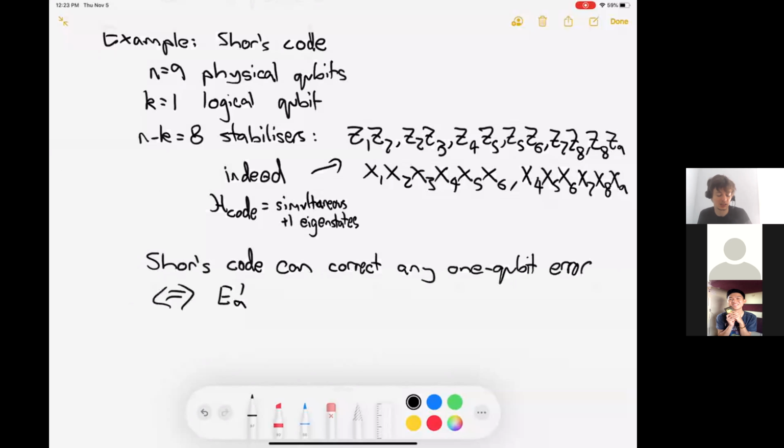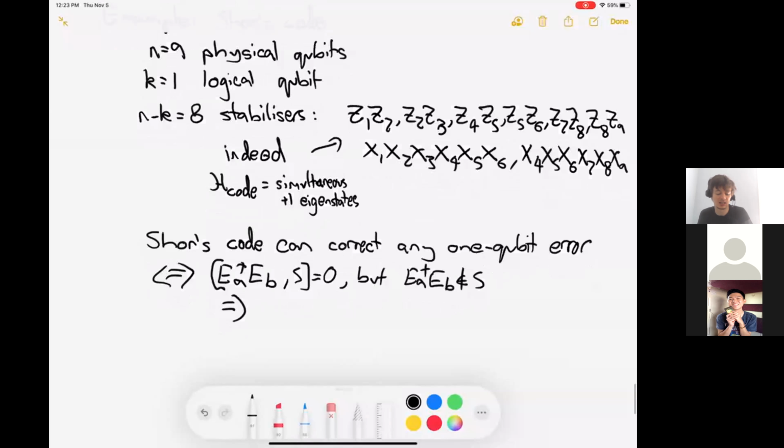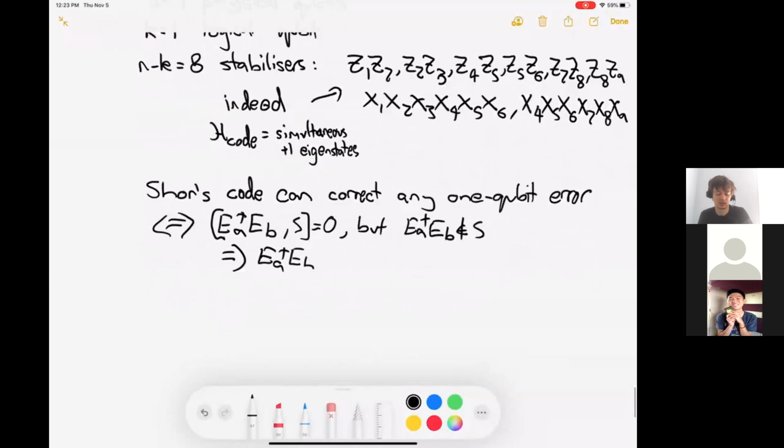This comes from the fact that E_A dagger E_B commuting with everything in the stabilizer group, but not being in the stabilizer group, implies that E_A dagger E_B acts on at least 3 qubits. Okay, so the D, as we call it above, sometimes called the distance of the code, is equal to 3.